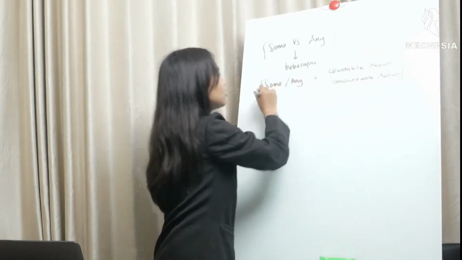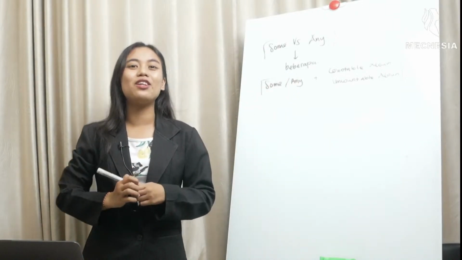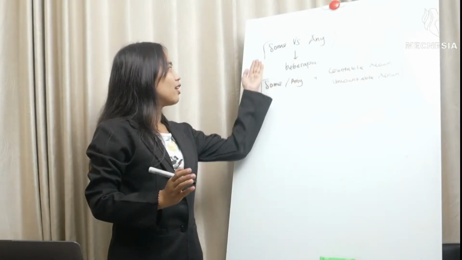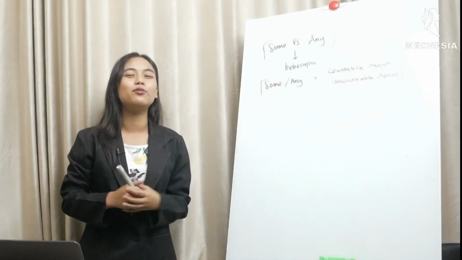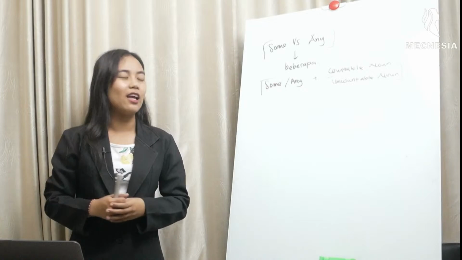Dengan catatan, countable noun yang digunakan harus dalam bentuk jamak, plural. Karena some and any berarti beberapa, so it's more than one. That's why the countable noun needs s in the end.